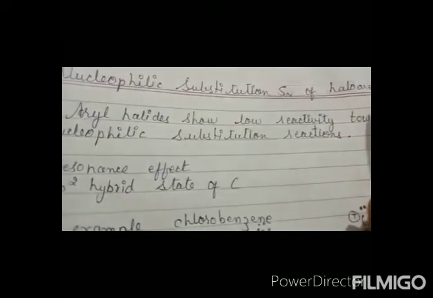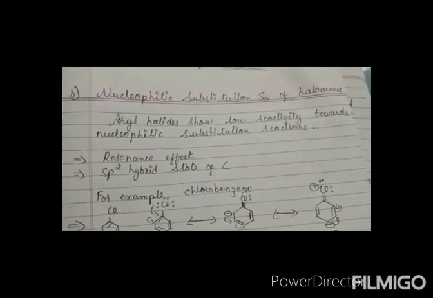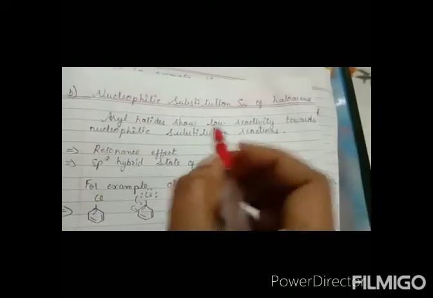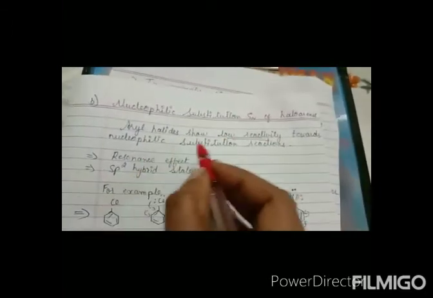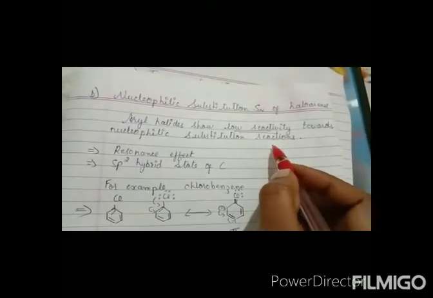The second reaction is the nucleophilic substitution reaction of haloarene. This is, students, a very interesting one. The main point here is that aryl halide shows low reactivity towards nucleophilic substitution reaction.